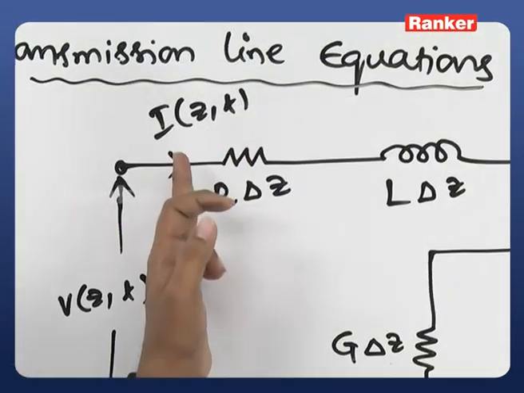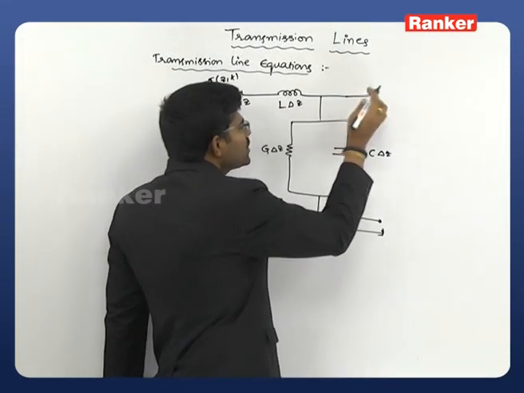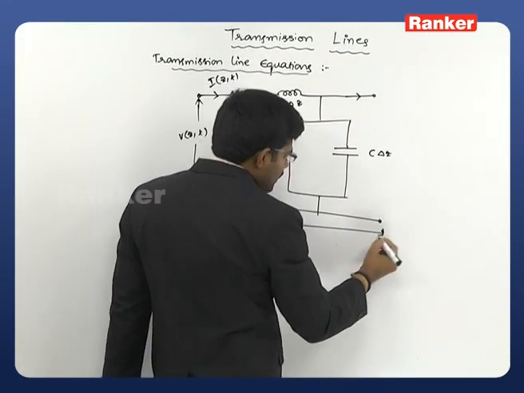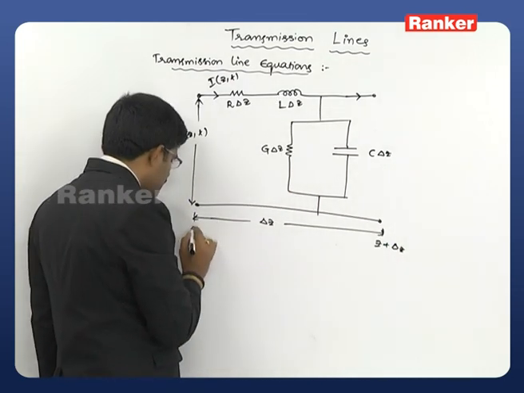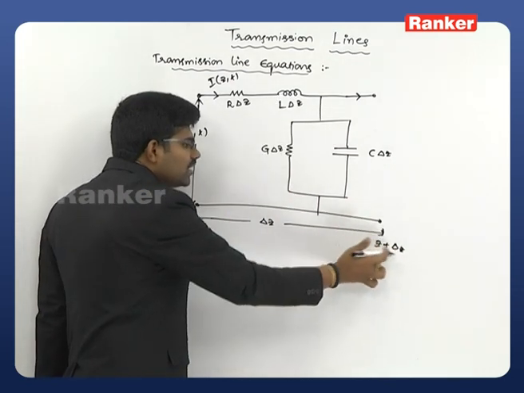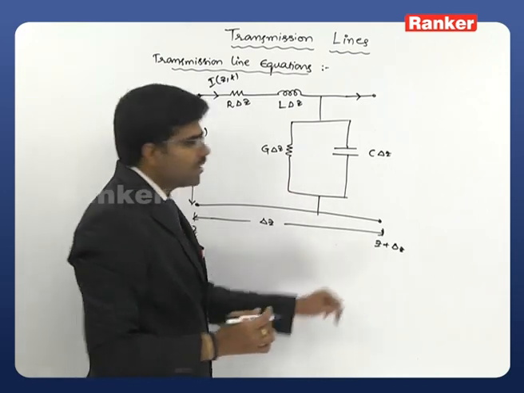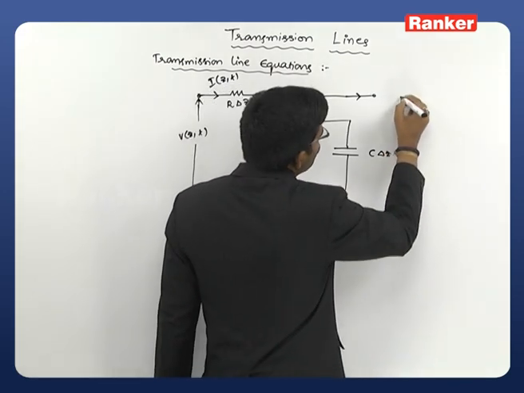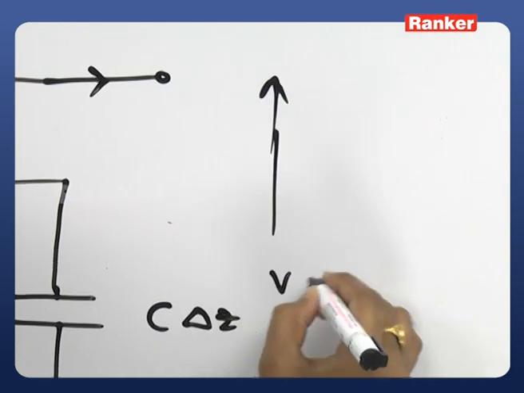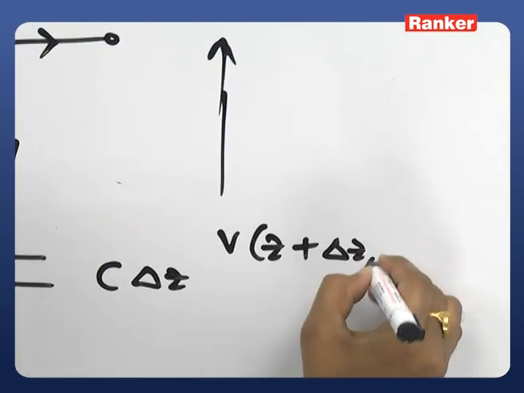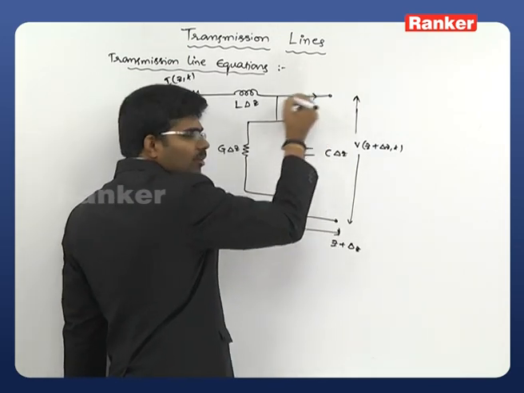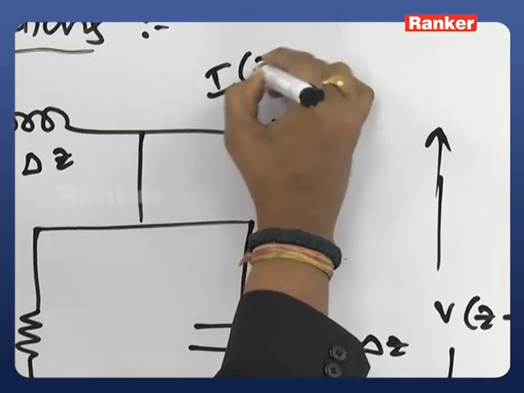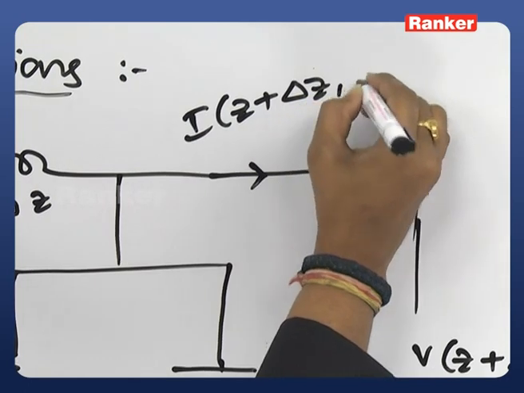And let us take the outgoing current at Z plus delta Z. If this location is Z, after length delta Z, this location is Z plus delta Z. The output voltage that I am observing is V of Z plus delta Z comma T, and the output current is I of Z plus delta Z comma T.